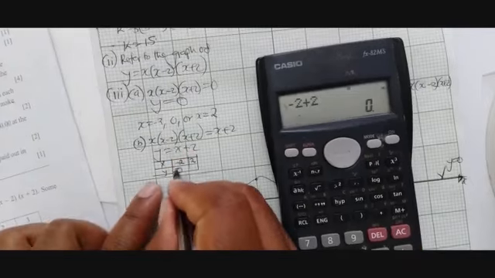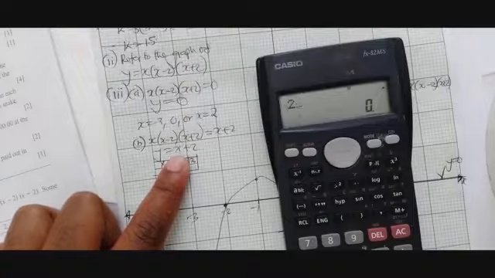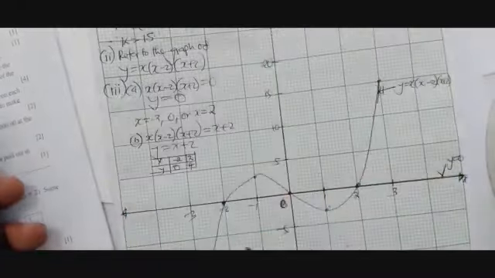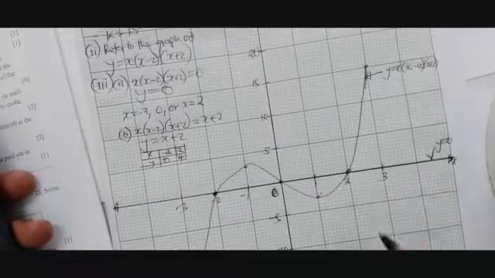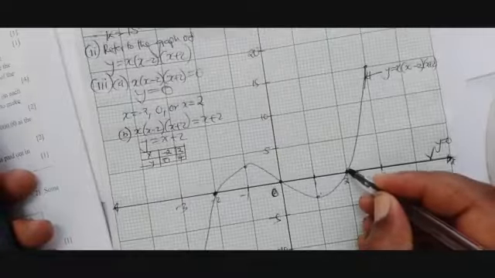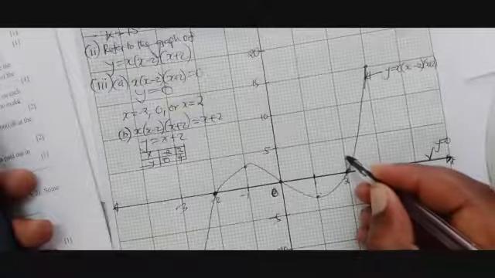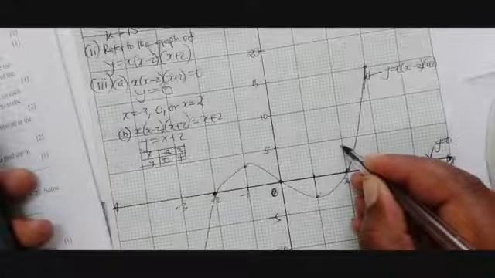Here you put 2. Say 2 plus 2. What do you get? 4. You plot this. Negative 2, 0 is this one. 2, 4 is this one. So I've got this point and this point. Connect them with a ruler.